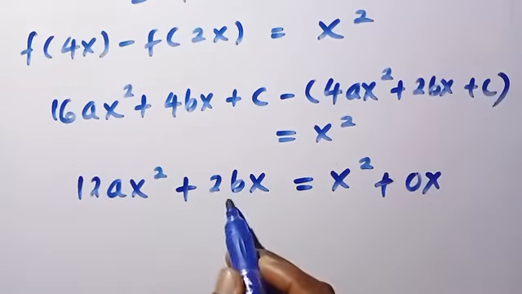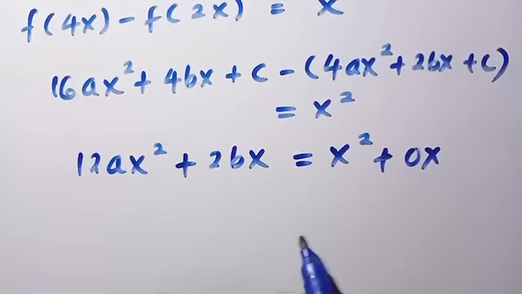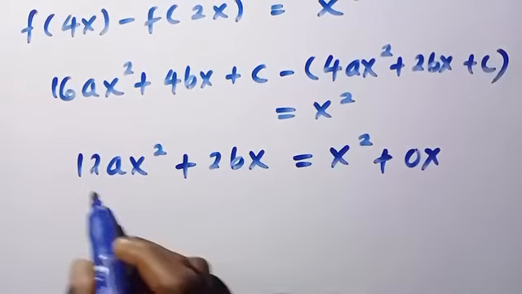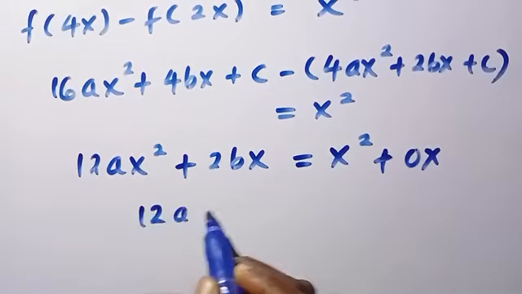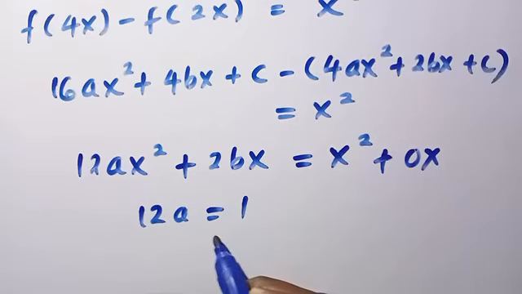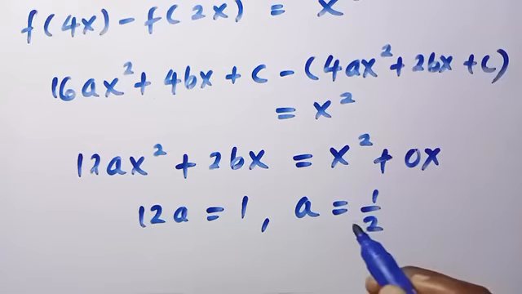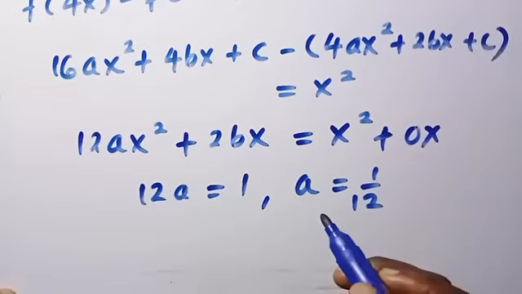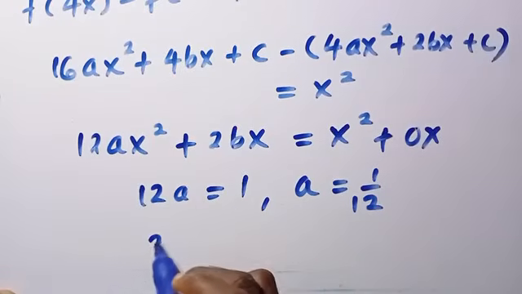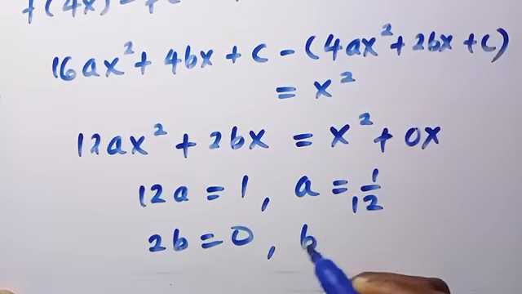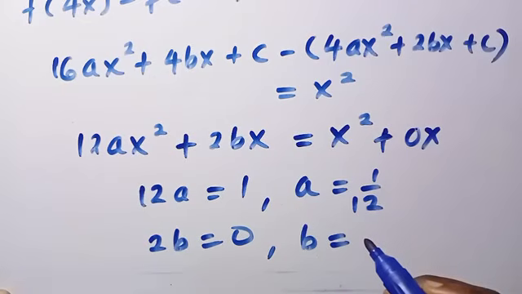It means when we combine this, that coefficient must equal 0. For x squared, the coefficient is 1, so 12a must equal 1. If 12a equals 1, then a equals 1 over 12. For bx, 2b will equal 0, so this shows that b equals 0.